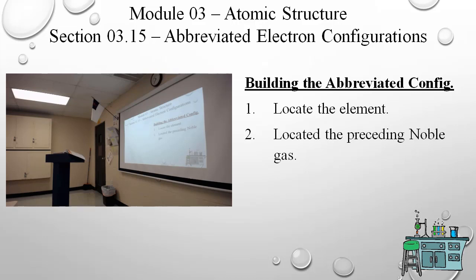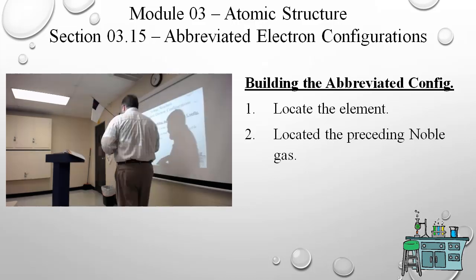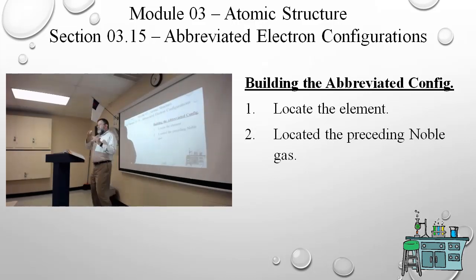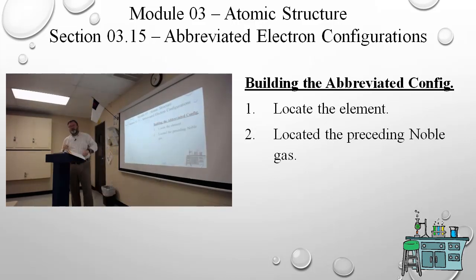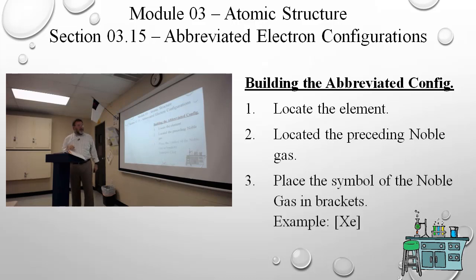As a matter of fact, for this entire row here, from bromine, I'm on the 4th energy level now, from bromine all the way across to potassium, the preceding noble gas for that whole row is argon. So you find the element you're trying to build the abbreviated configuration for, you locate it on the periodic table, you move up one row and go all the way to the right and identify the preceding noble gas. Then you just build up the electron configuration from there.